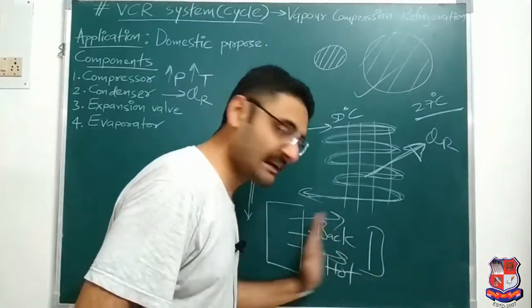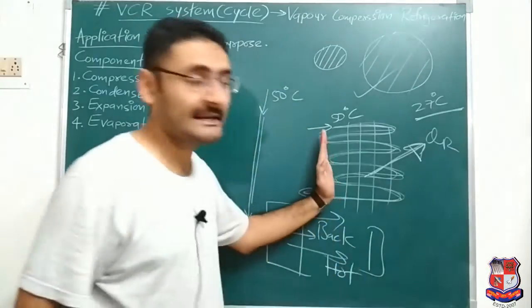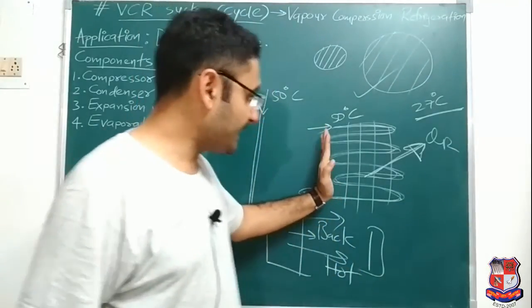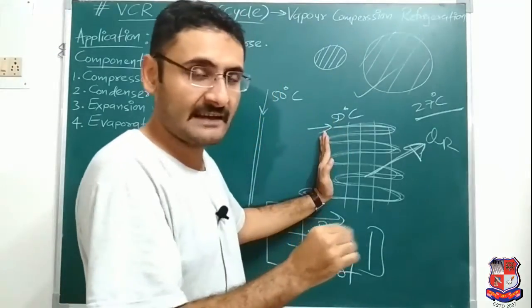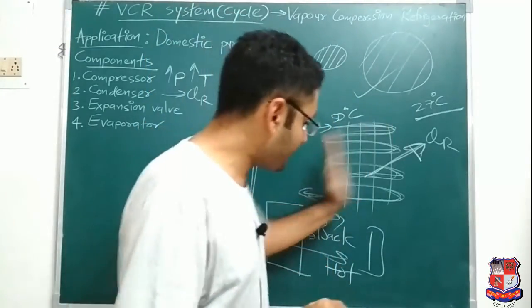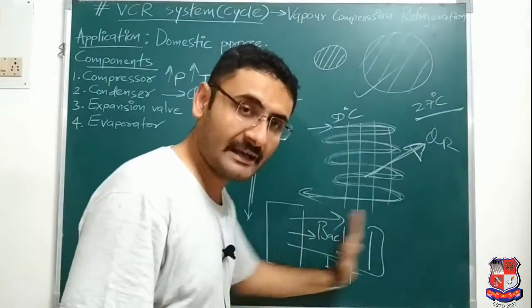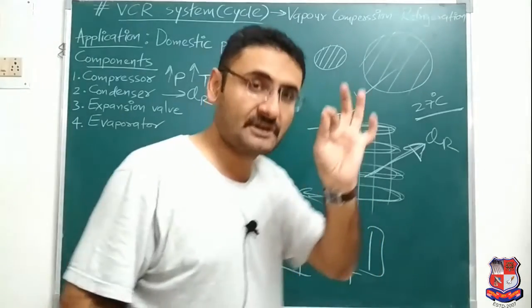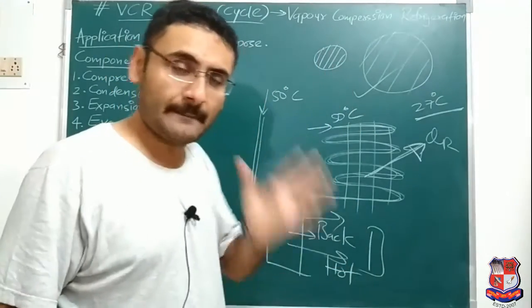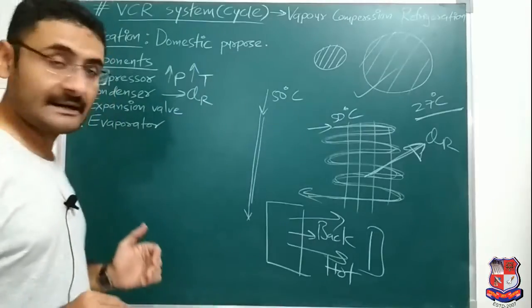Now why is hot air coming from the back side? Because at the back side the condenser is located, and what is the condenser doing? The refrigerant inside that condenser, having a high temperature, is rejecting the heat. So you can feel the hot air. Due to the rejection of the heat, the refrigerant will now achieve a low temperature. So that is the use of the condenser.